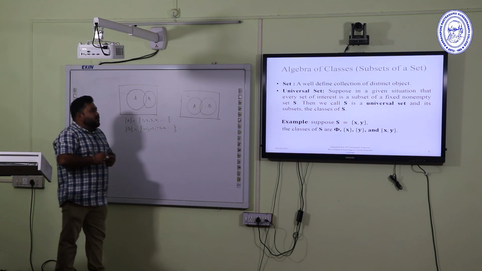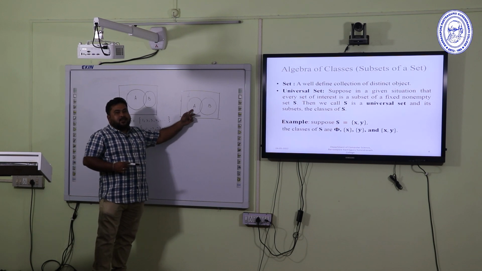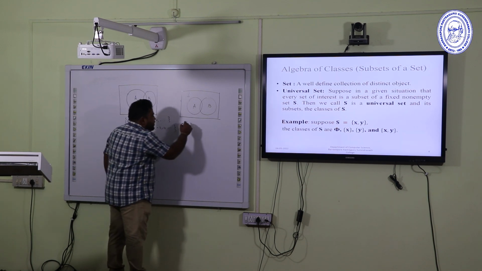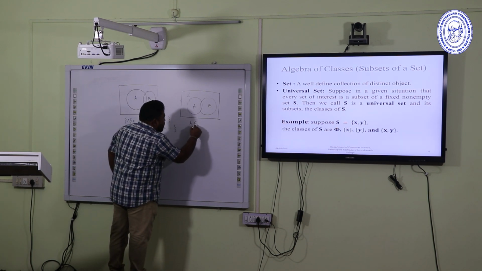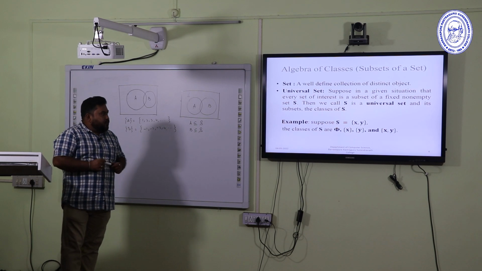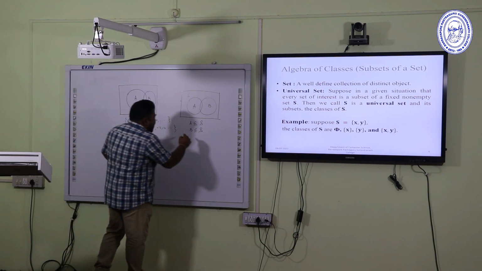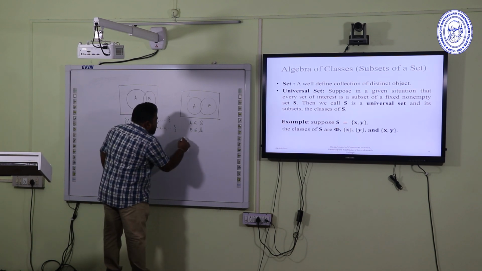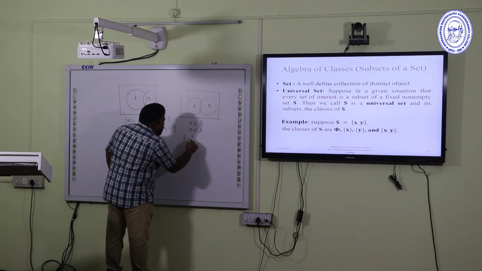Inside a universal set there must exist a number of sets. Here A and B are two sets that are subsets of this universal set S. So A is a subset of S and B is another subset of S. Now if we take some examples, like X and Y, let S equal {X, Y}.